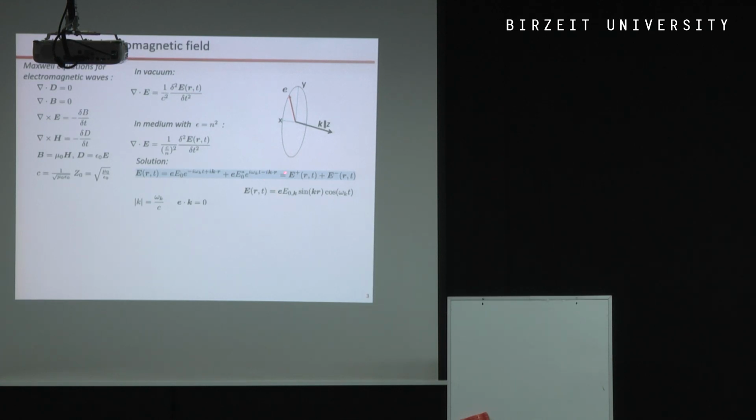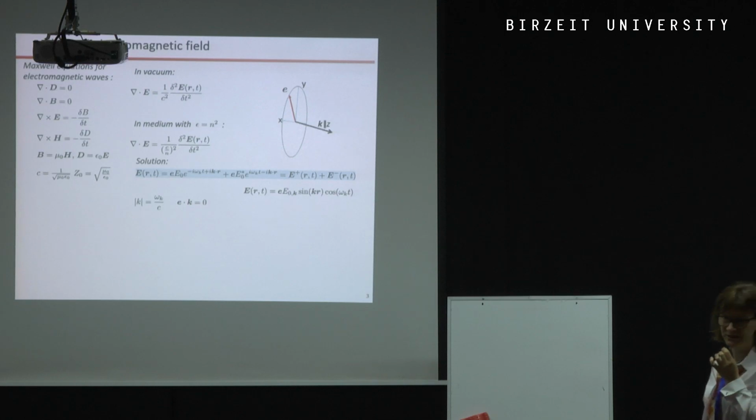We have here 2 terms. One is E plus and E minus. And E plus behaves as we would expect in time. Time goes forward. And this is part of the electric field, which we will associate with absorption of light. The other one would imply that time flows backwards, and we relate it usually to light emission, but you shouldn't be afraid.